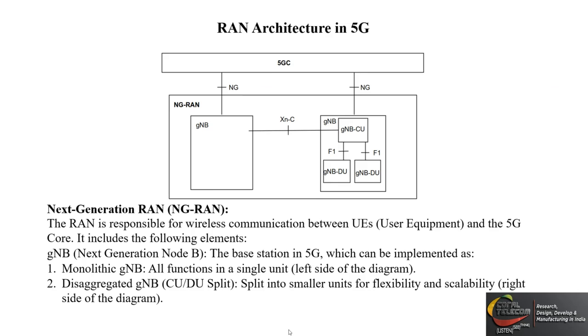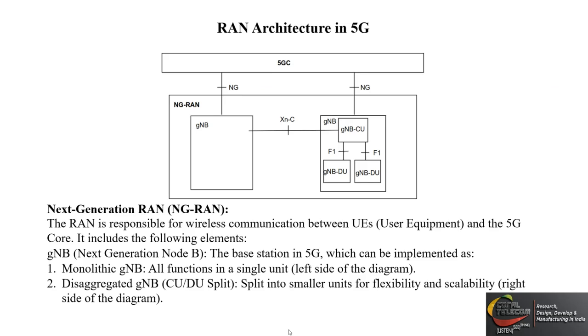You can say it provides connectivity like in your office architecture: if you have to become part of your office network, you connect your laptop or PC through an Ethernet cable or Wi-Fi. So the Wi-Fi or Ethernet switch is the connectivity medium. Similarly, in the 5G subsystem, this RAN is the connectivity medium for the UE to the core network, to use whatever services are required, like voice, data, messaging, and many other services.